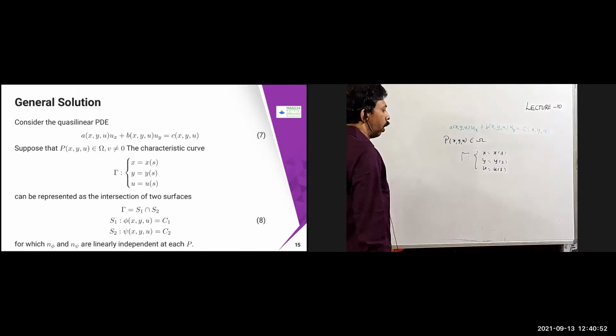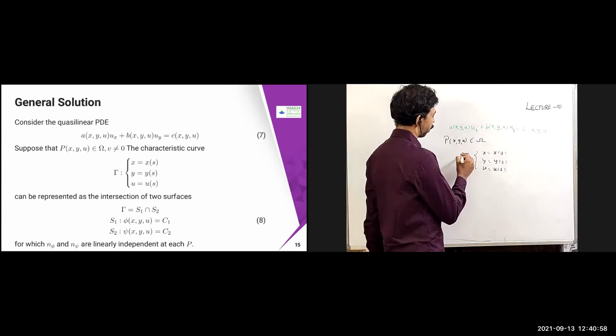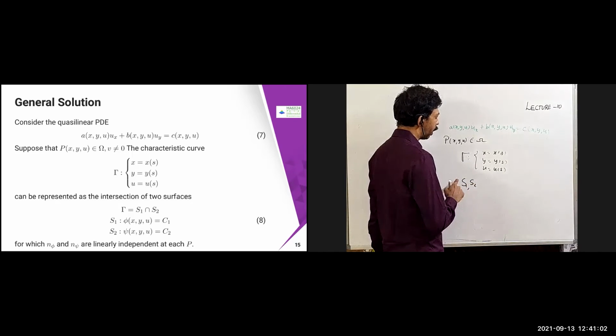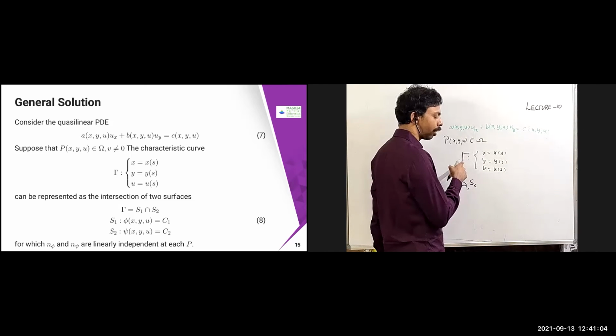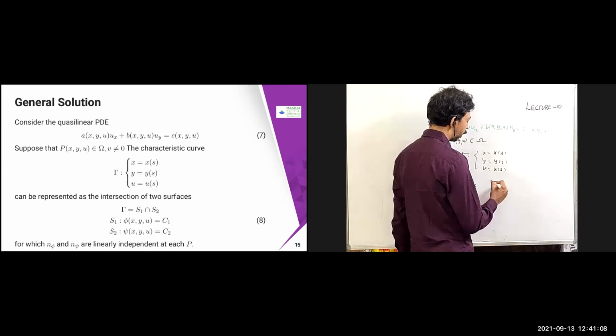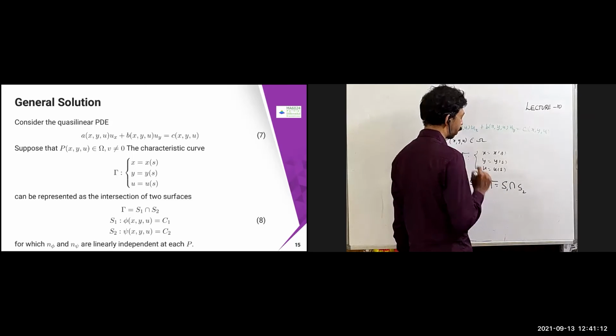Suppose this characteristic curve can be represented by the intersection of two surfaces, S1 and S2. These two surfaces' intersection is going to be this characteristic curve. That means gamma is nothing but S1 intersection S2. If I take the intersection of these two surfaces, I get this curve.